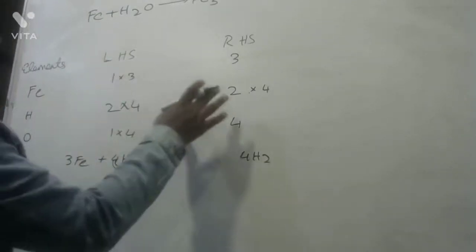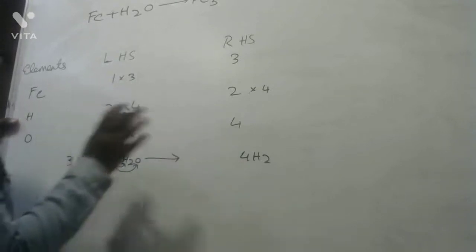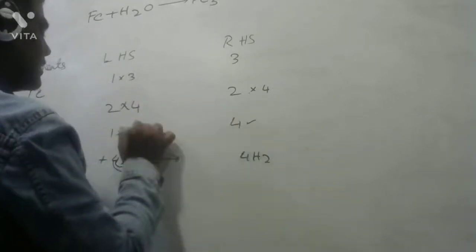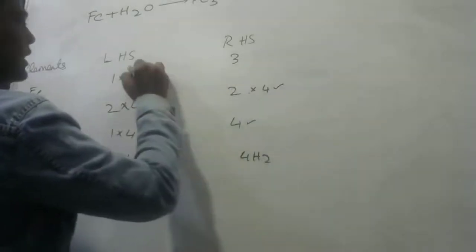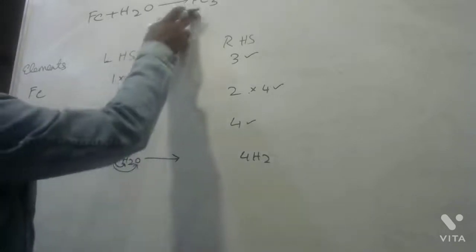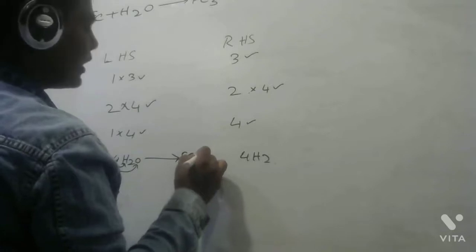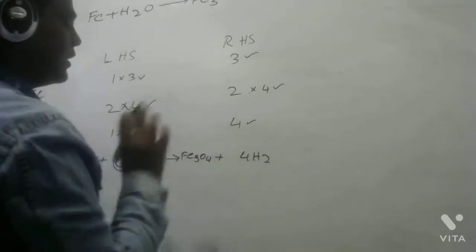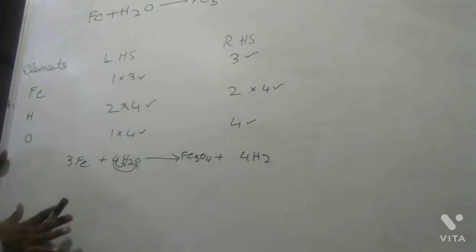This 2 is multiplied with 4, so I am writing it as 4H2. Done. This 4 and 4 is balanced. 2 4s are 8, 2 4s are 8, this is also balanced. 3 and 3 are balanced, so there is nothing left to balance now. Done. So now this is the balanced chemical equation.